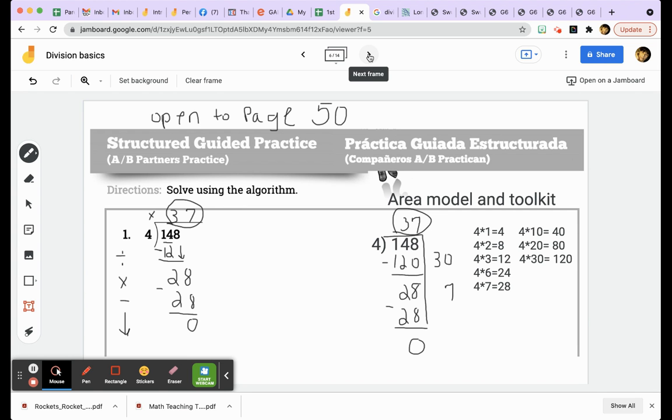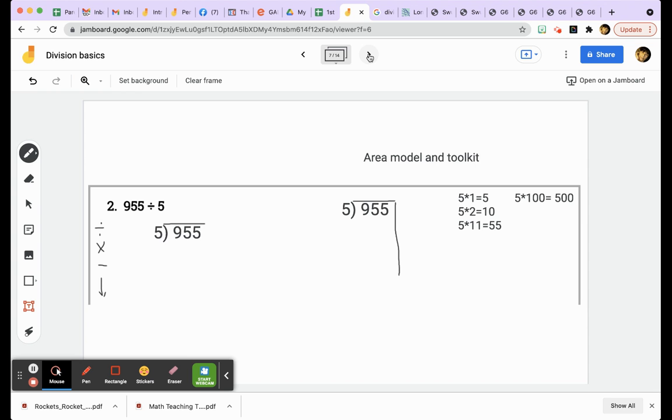Now, I'm going to have you work on the next structured guided practice. I want you to write your steps, show the area model and the toolkit on your page. Pause the video here, and I want you to work with the person or people that you're sitting next to.